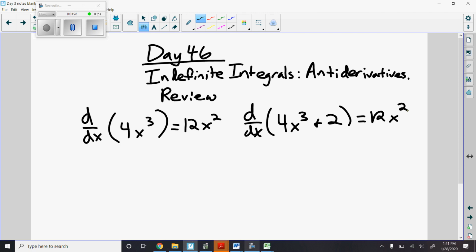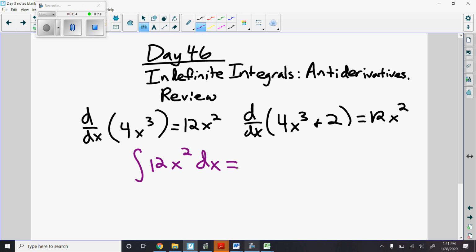We're going to have a problem that looks like this. We can tell that this is an antiderivative because on the big S, the integral sign, notice there's no number on top or bottom.